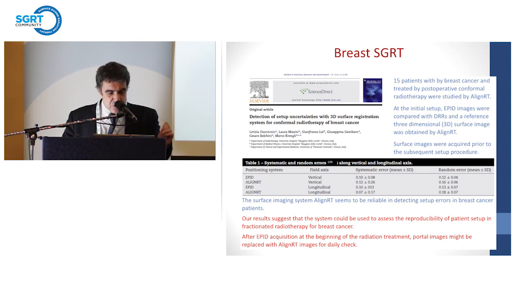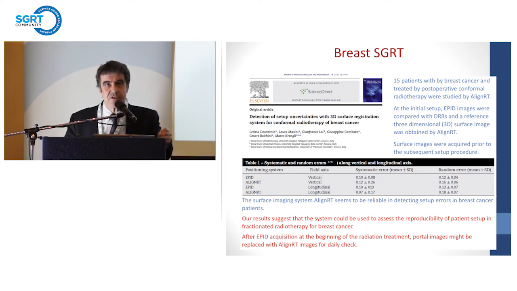Another issue we tried to analyze was breast cancer, and we analyzed 15 patients, and again we matched the surface imaging with radiological images detected by the EPID, and we found a strong correlation.